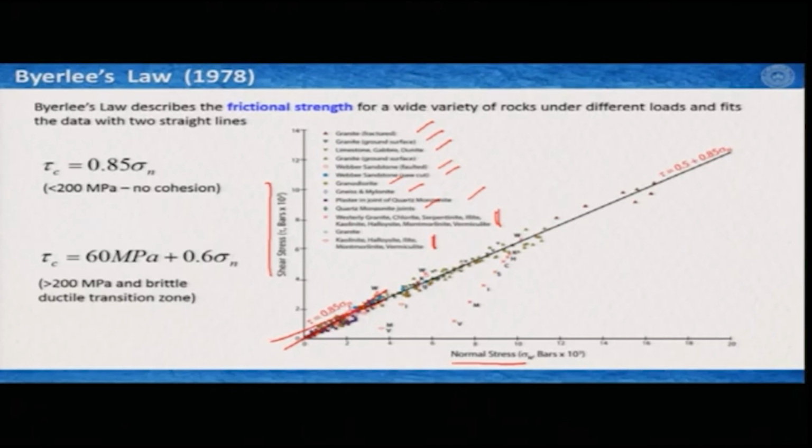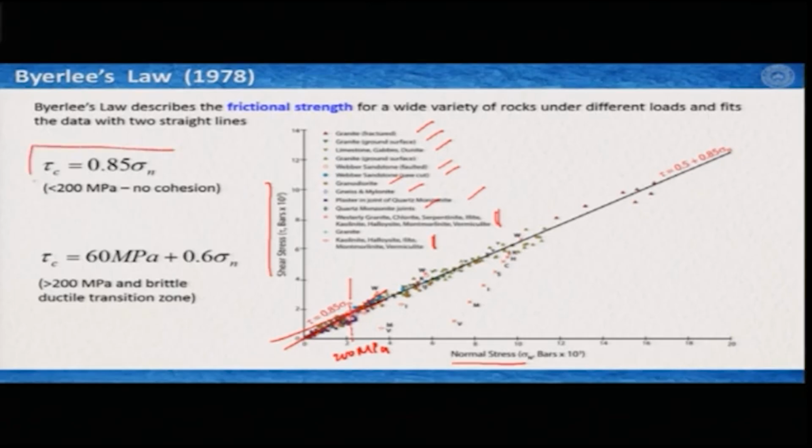So, up to around 200 megapascals confining pressure, Byerlee proposed that below 200 megapascals rocks hardly have any cohesion, and the slope gives the coefficient of friction.